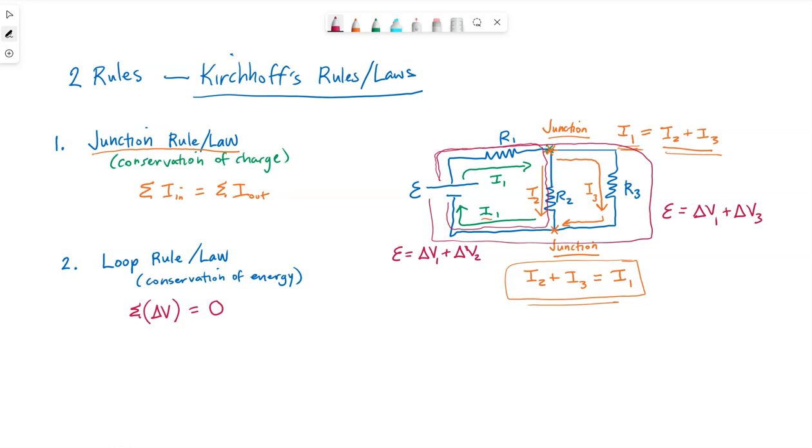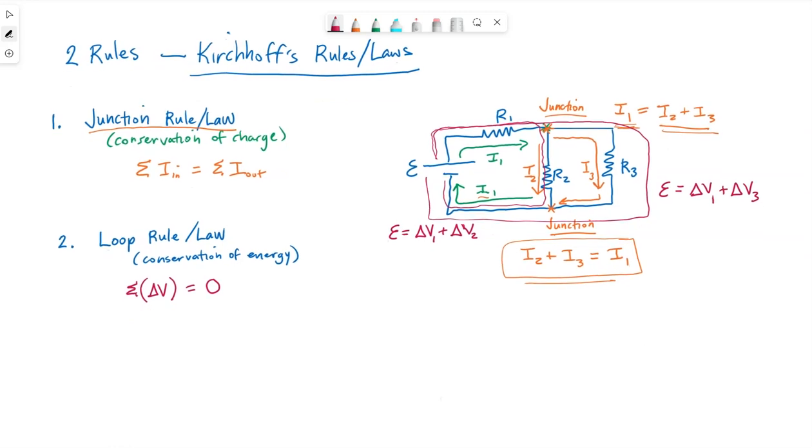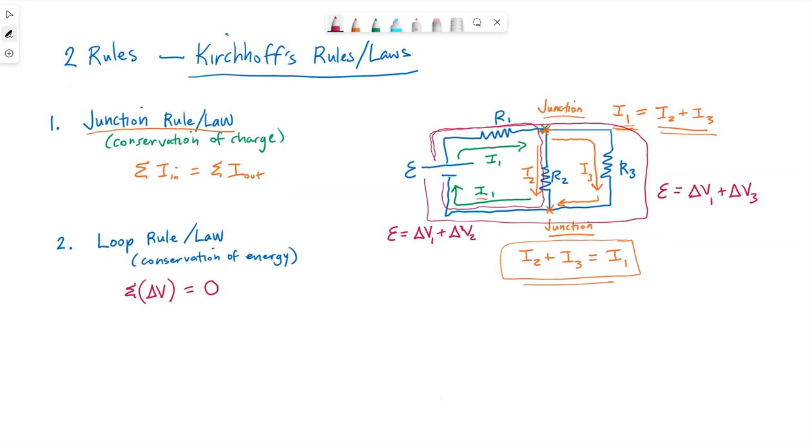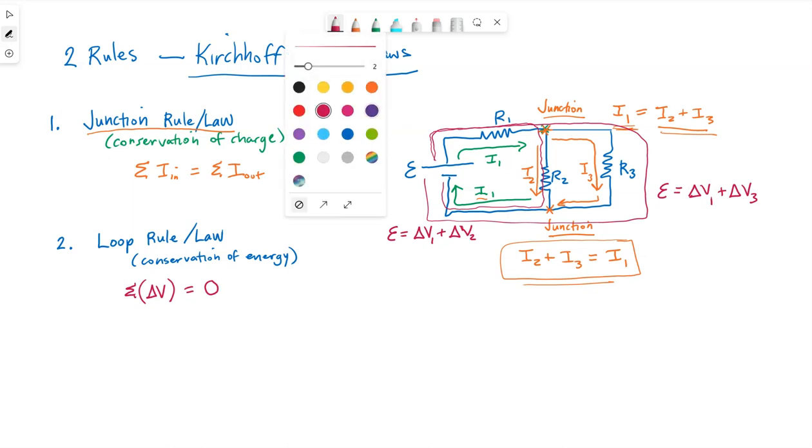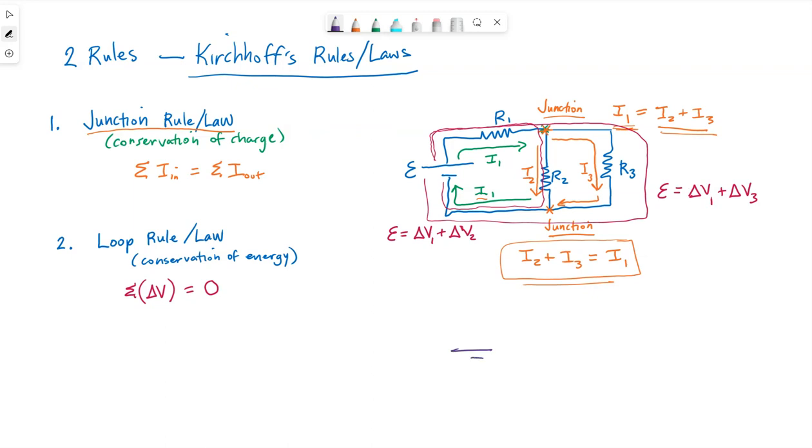Okay, so to change that for our circuit, let me redraw the circuit quickly so that it looks clean. So same circuit, R1, R2, R3.